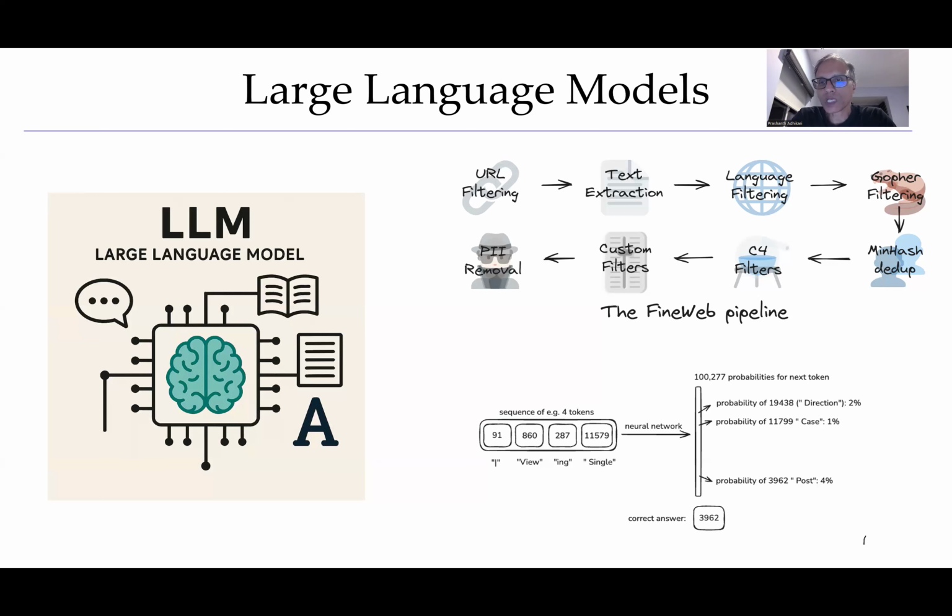It is taught how to respond properly to these prompts. So that's what a large language model is, right? You have a sequence of what are called tokens. Tokens are IDs of a group of characters, if you will, and it's able to predict what the next token should be.